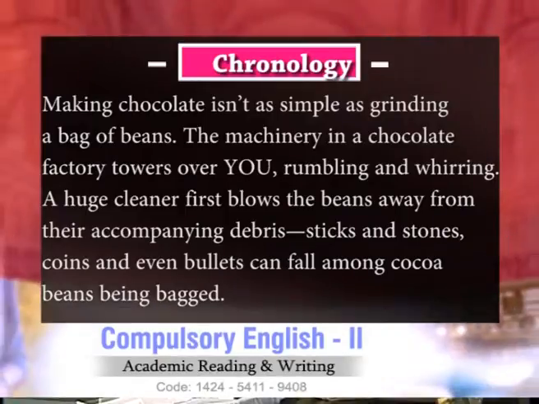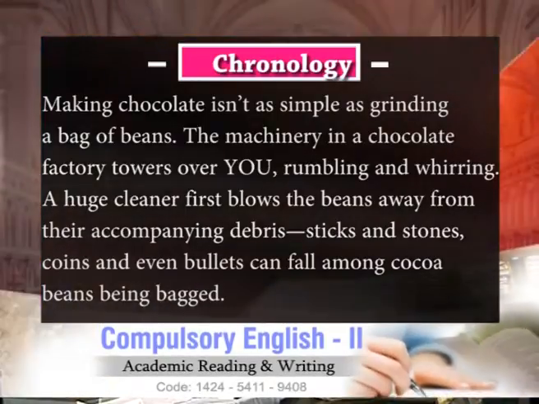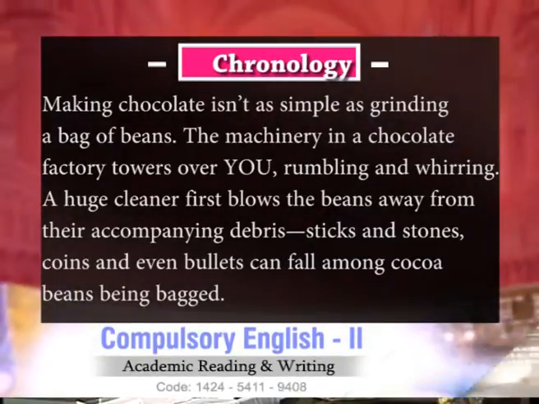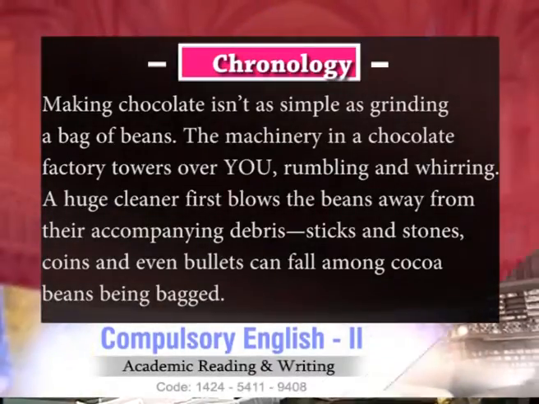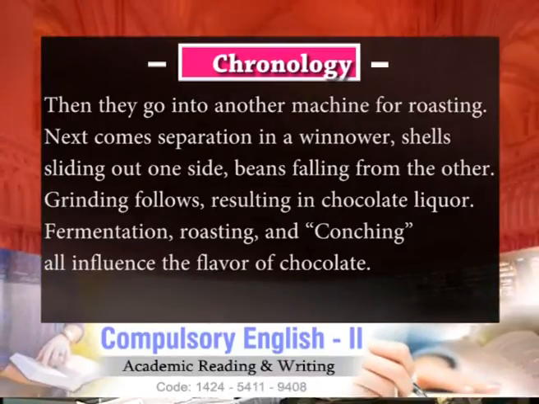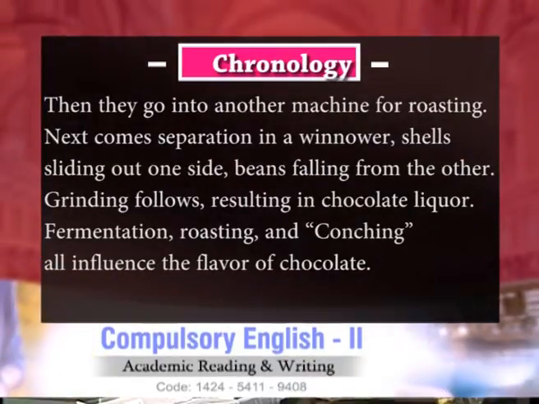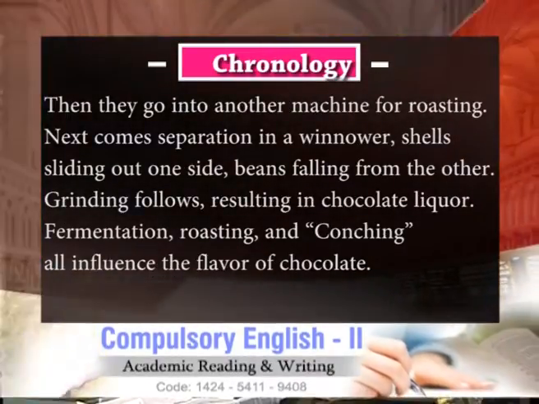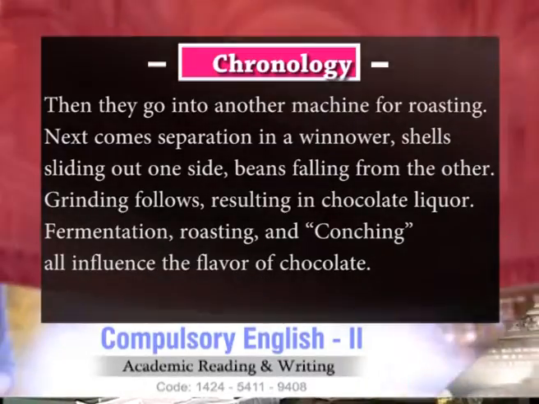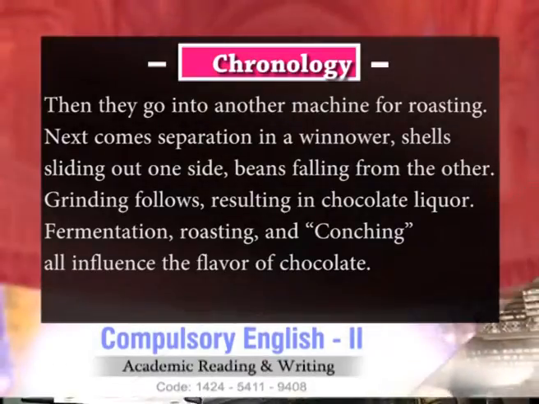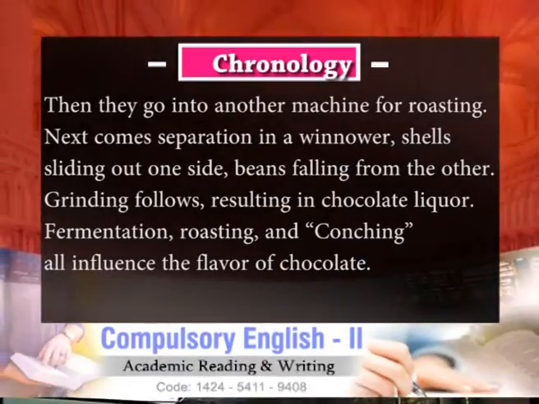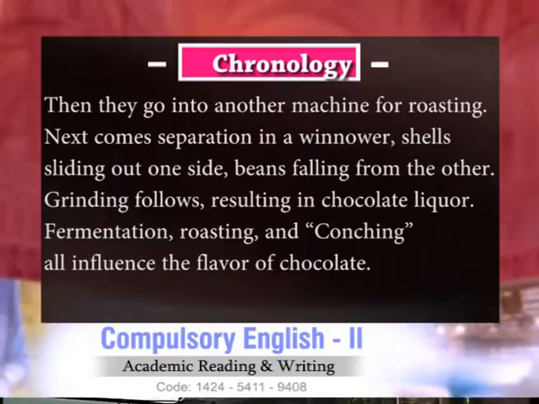A huge cleaner first blows the beans away from their accompanying debris. Sticks and stones, coins, and even bullets can fall among cocoa beans being bagged. Then they go into another machine for roasting. Next comes separation in a winnower. Shells sliding out one side, beans falling from the other. Grinding follows, resulting in chocolate liquor.